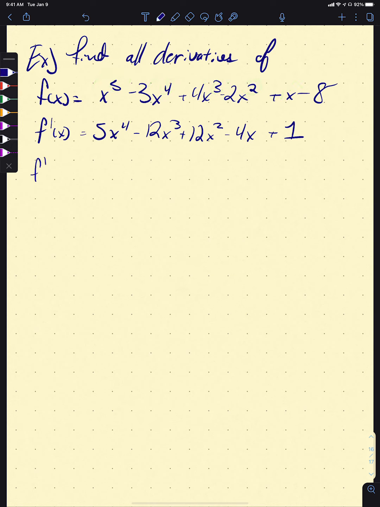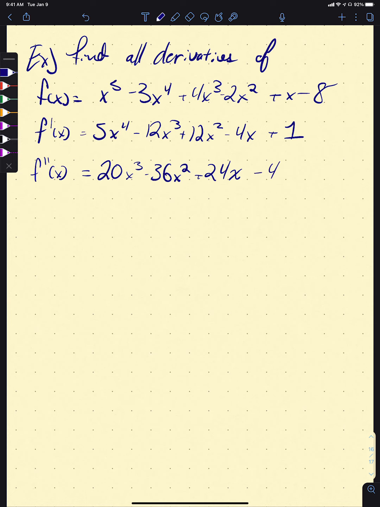Okay? If I want to find the second derivative, I'm taking the derivative of the derivative, right? So my 4 is going to drop down, multiply by 5 to become a 20x cubed. My 3 is going to drop down, multiply by 12 to get a 36x squared. My 2 drops down for a 24x.